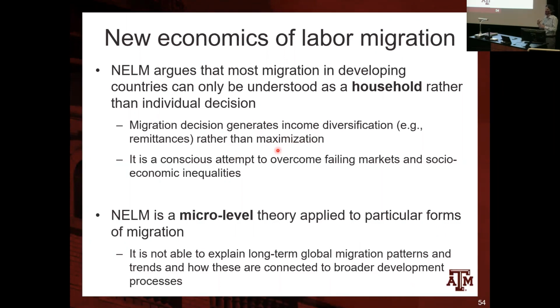It's not necessarily the fact that I individually will make more money. The thing is, maybe only one person in the household might migrate to another area within that same country, because if I migrate by myself, maybe I can send money back from my house to my household.